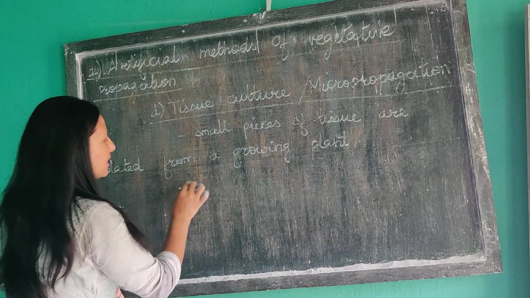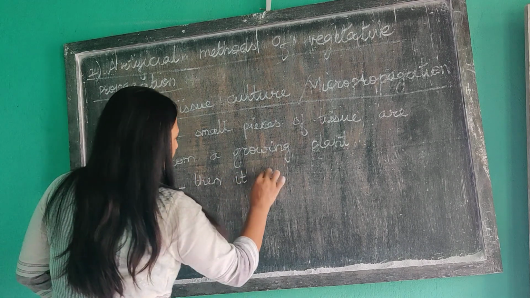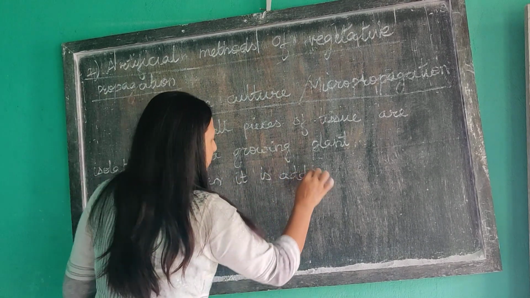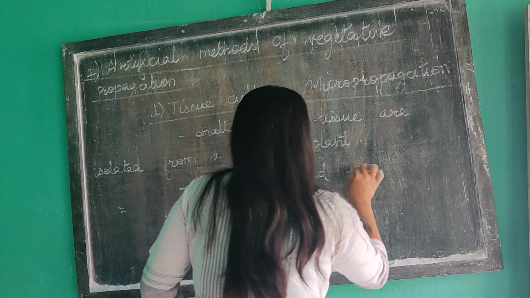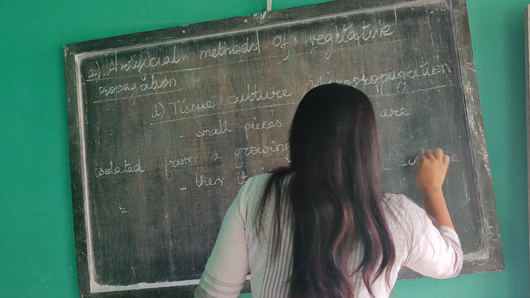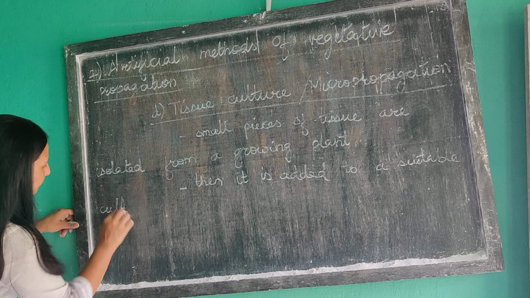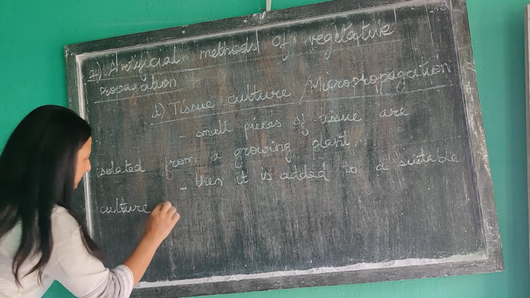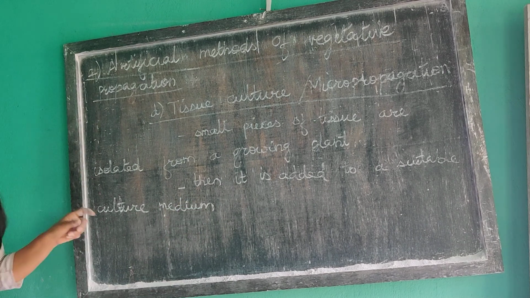Then that tissue, it means the tissue that has been isolated, the isolated tissue is added to a suitable culture medium. Culture medium can be solid, semi-solid or liquid medium.